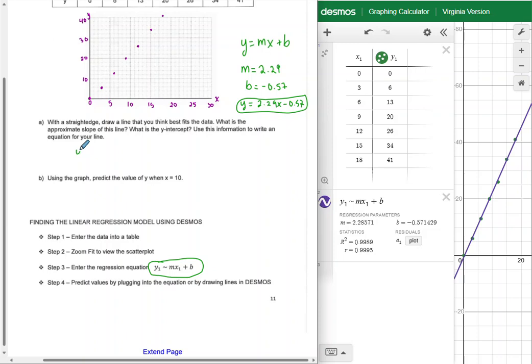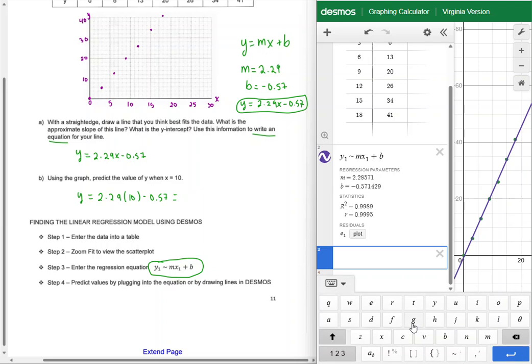So I'll write it here: write an equation of the line. y equals 2.29x minus 0.57. And now we're going to use the line to predict the value of y when x is equal to 10. So I'm going to plug in 10 for my x here and see what the value is. There are a couple of different ways I can do this.